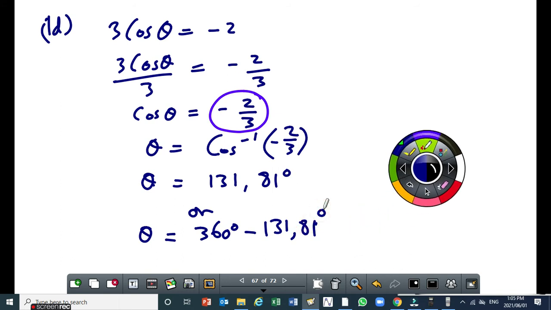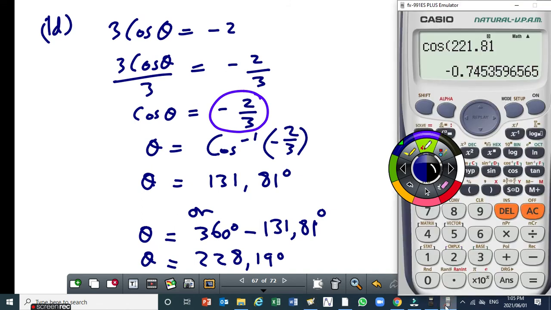If you do a subtraction, what angle do you get? 228.19 degrees. Let's verify if this is correct.